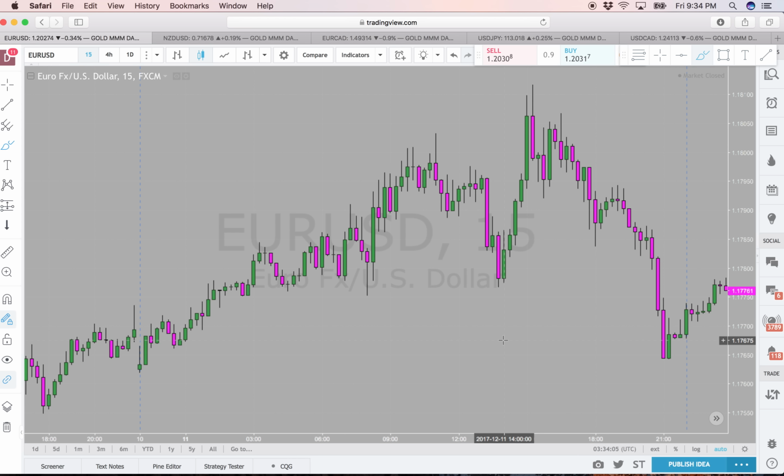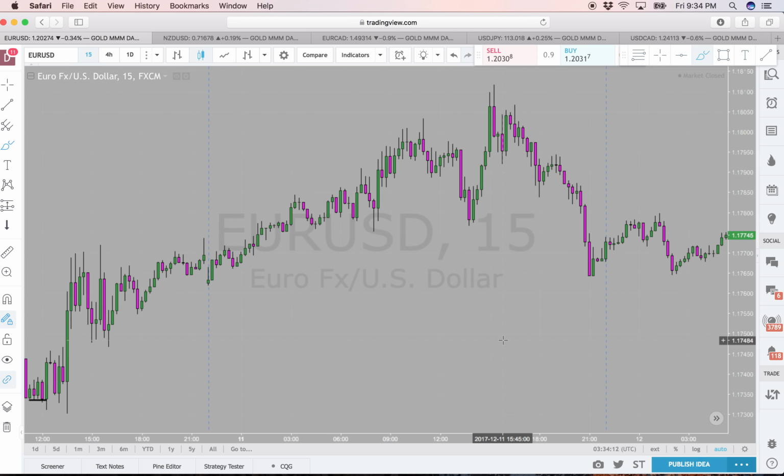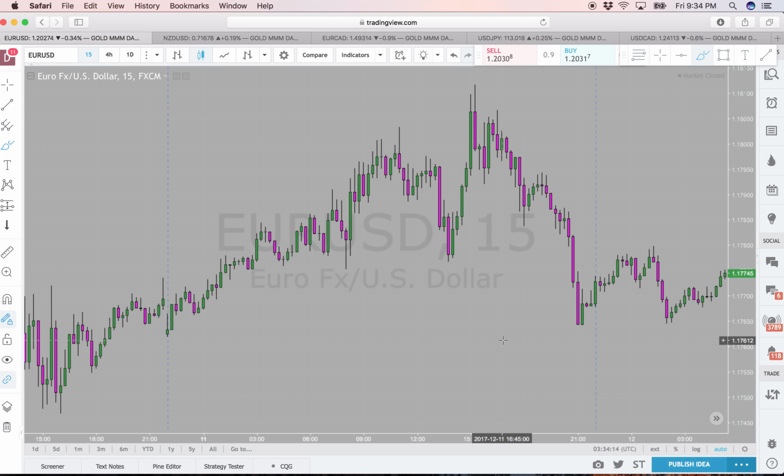Now, I talked about confirming candlestick patterns. If you don't already know what confirmation candlestick patterns we use, please look at our previous video on confirmations and some of the confirmations we use. This is one of them. Like we said, the wick and the railroad tracks here.